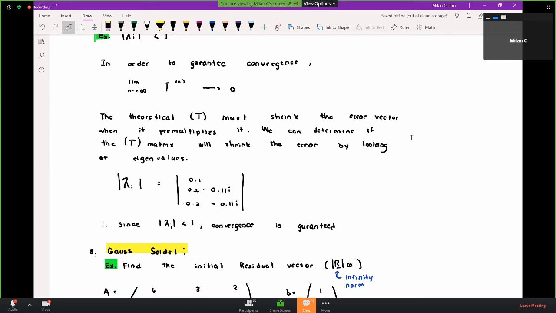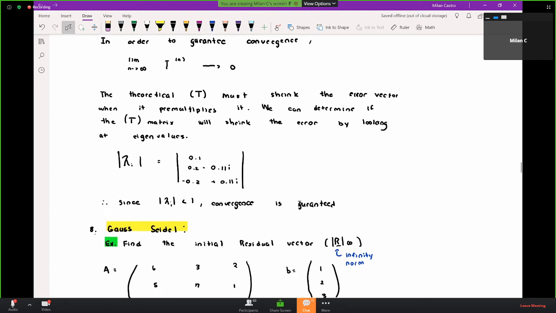Since all of these are less than 1, convergence is automatically guaranteed, because no matter what the theoretical matrix is, since the eigenvalues are all less than 1, anytime it pre-multiplies the error vector, it is always going to get smaller and smaller, and it's going to approach 0. Are there any questions regarding that?